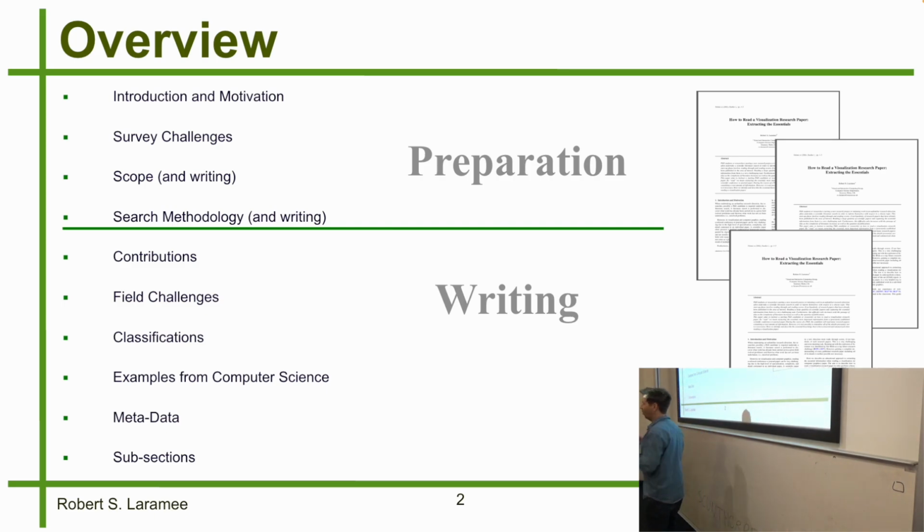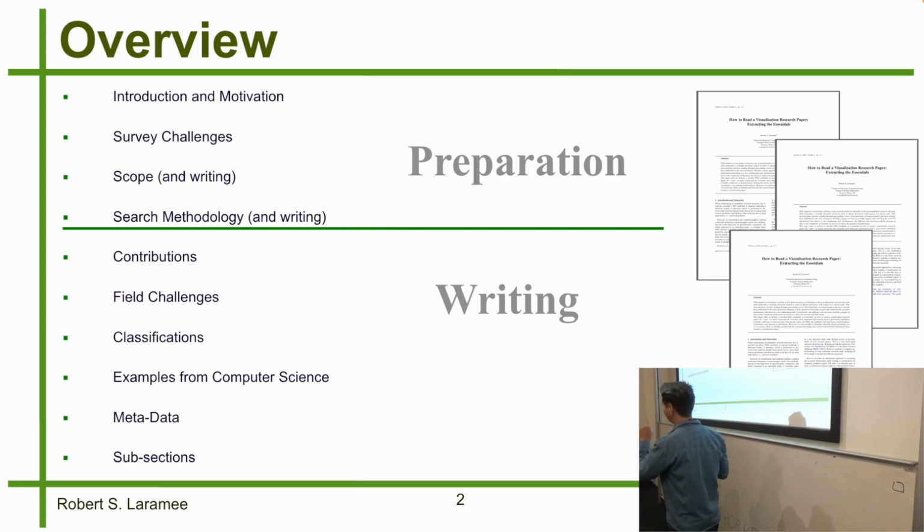So I've tried to organize the different activities into preparation and writing, but they don't work exactly like that in practice. In practice, it's a little bit more agile, like the agile software engineering process. This looks like the waterfall method of writing a literature survey. It's not a waterfall method process.